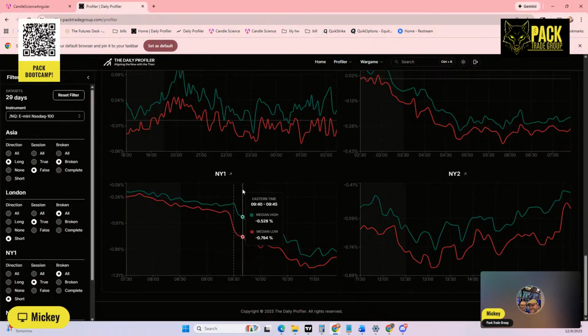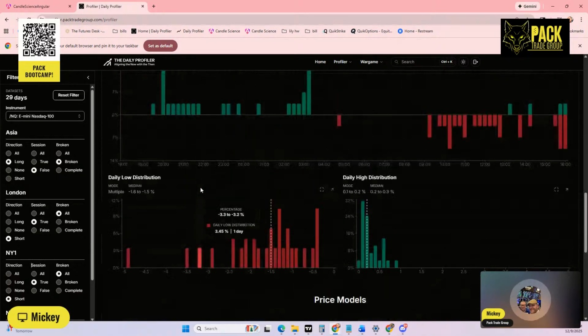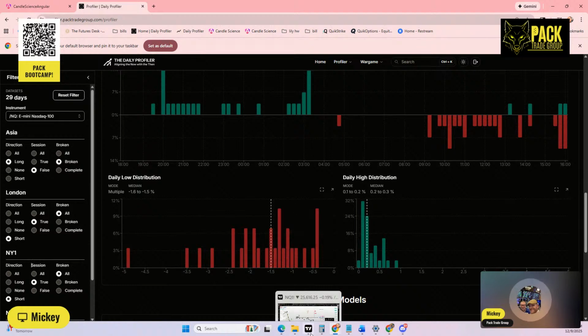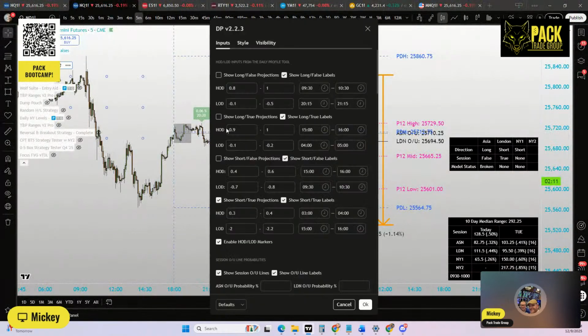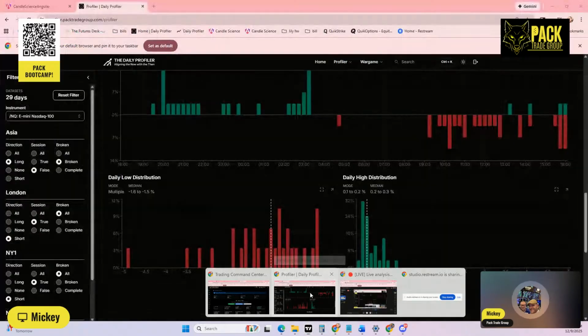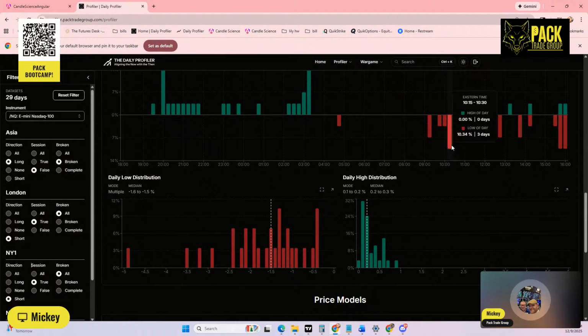We can see that from a statistical probability, we should be selling off and then starting the range after 10:30, right? And then we can expect from a 1.3 to 1.56 to the downside. So let's put that 1.3 to 1.6 the low of the day, and then from a time perspective, we can expect it either to happen in the morning between 10:15 and 10:30, and then we range the rest of the day, or end of day.